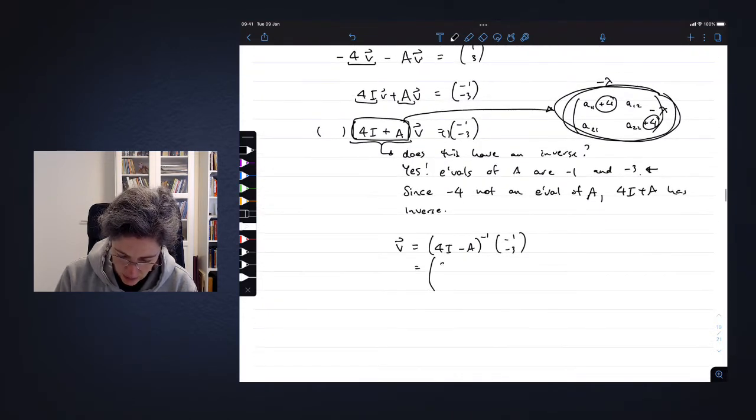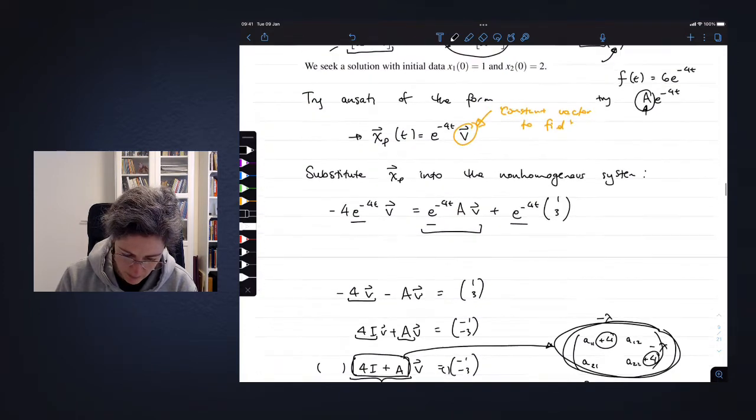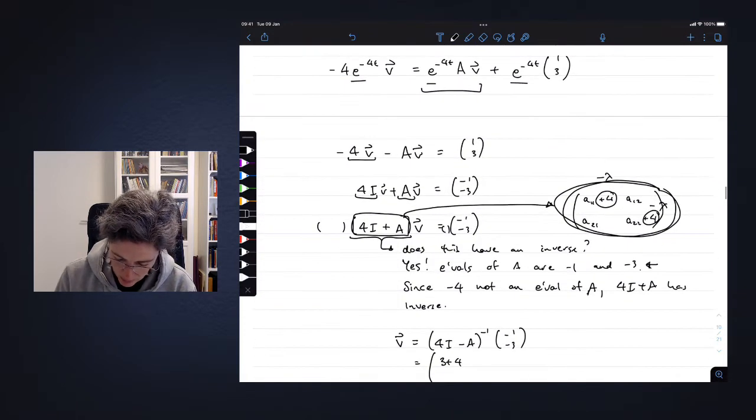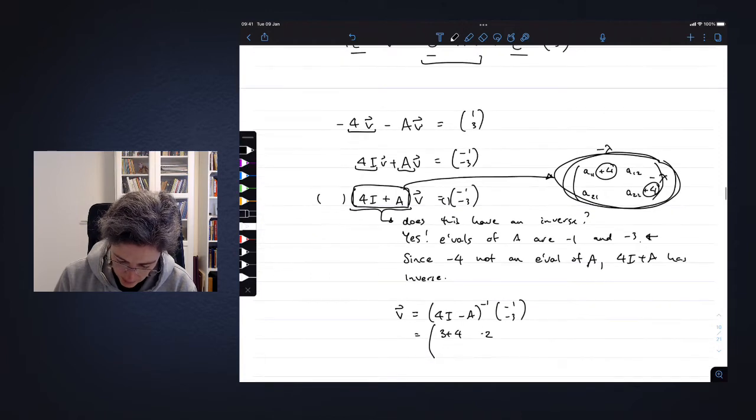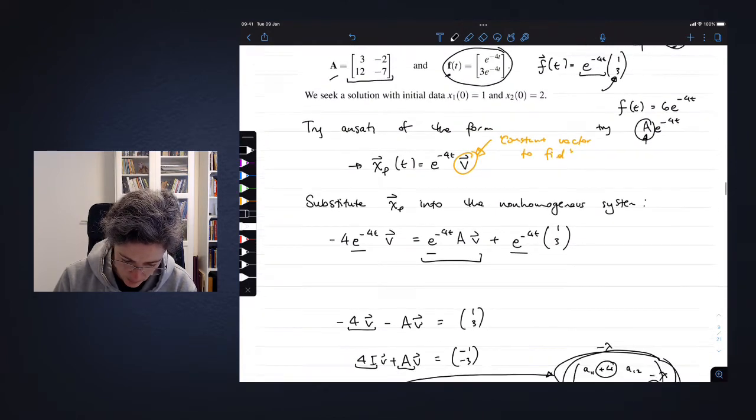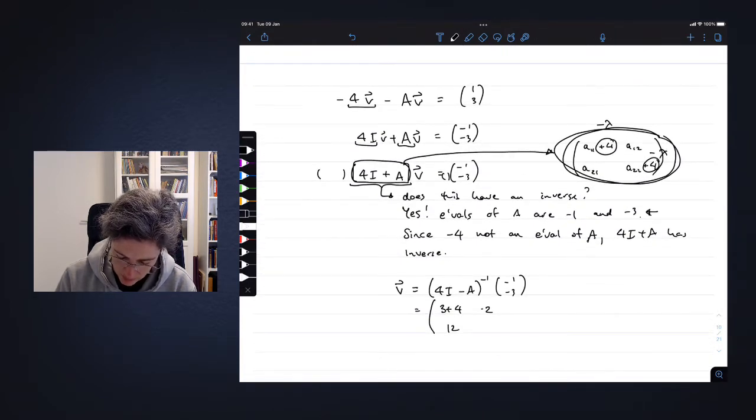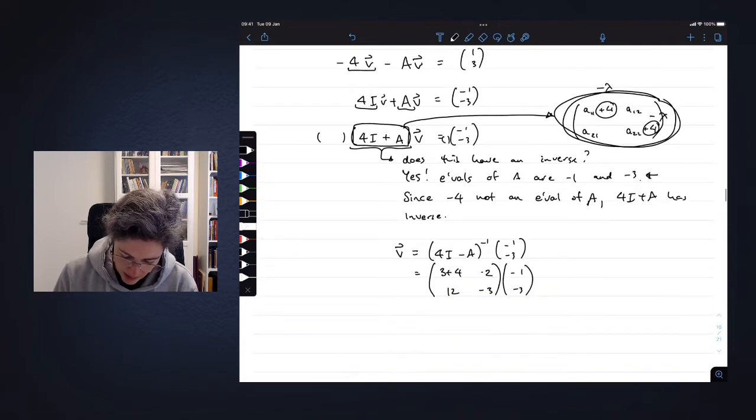That's 3 plus 4, minus 2, 12, and minus 7 plus 4, so that's minus 3, all times (minus 1, minus 3). And if you work that all out, you will end up with (minus 1, minus 3).